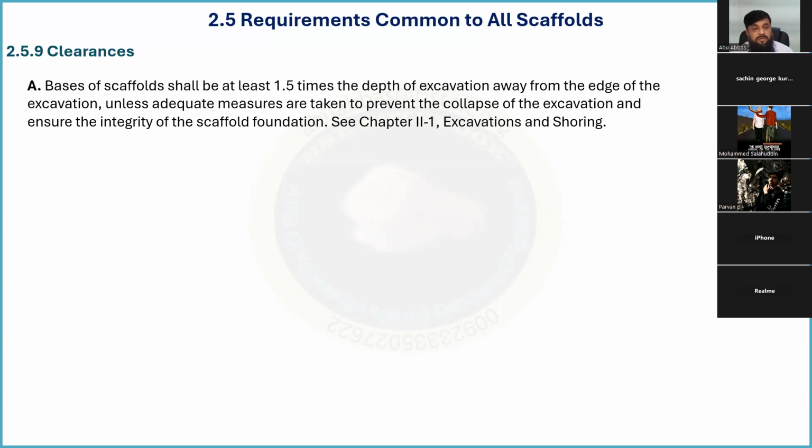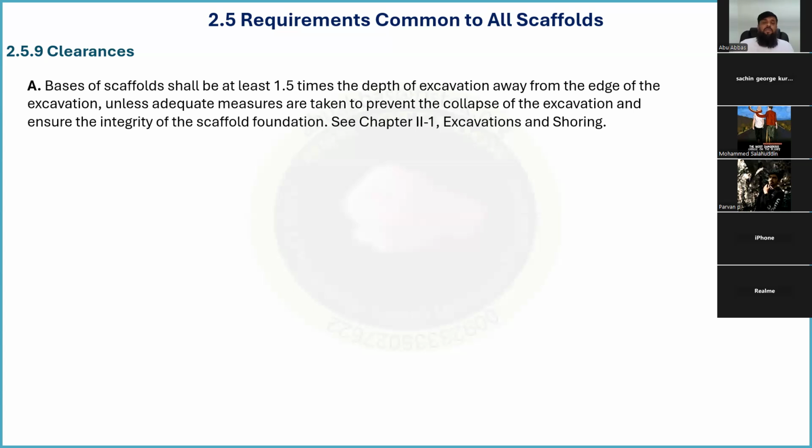Two things: we have to make sure about the collapse of excavation under the load, and definitely once the excavation will collapse or settle, the side will be settled anyhow, the base plate will be displaced. If the ground below the base plate is not stable, then what will be the stability of the scaffold? So they are interrelated, but if they are protected against it, maybe we have a strong shoring, maybe we have other means of protection of that particular edge or support for the scaffold foundation.